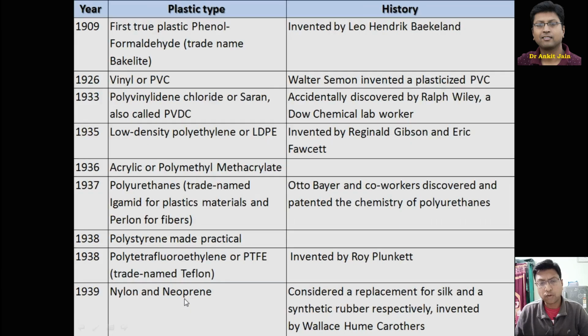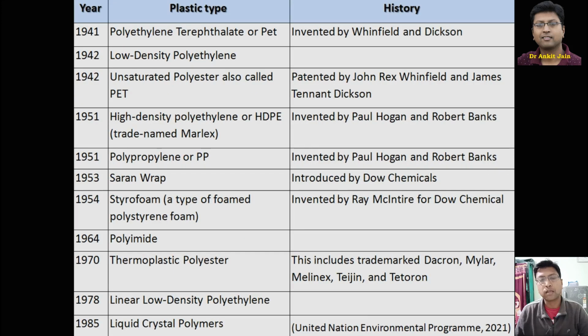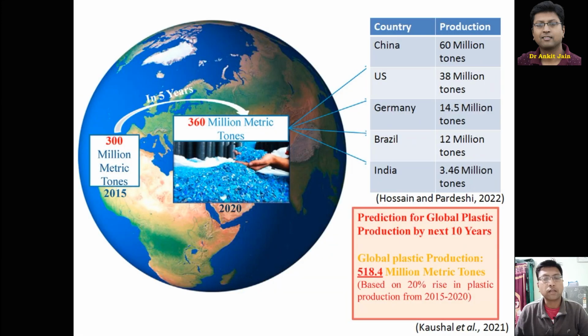So this is all about the chronology of plastic development, plastic invention, and different types of plastic production.